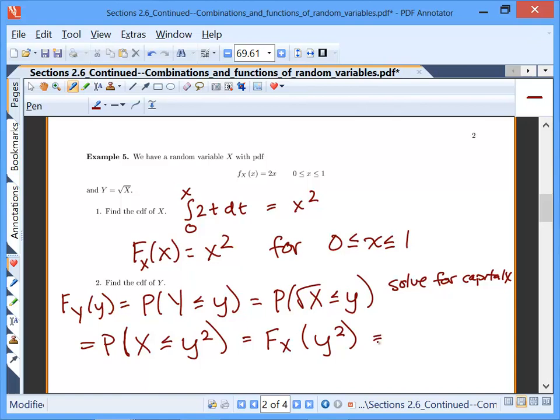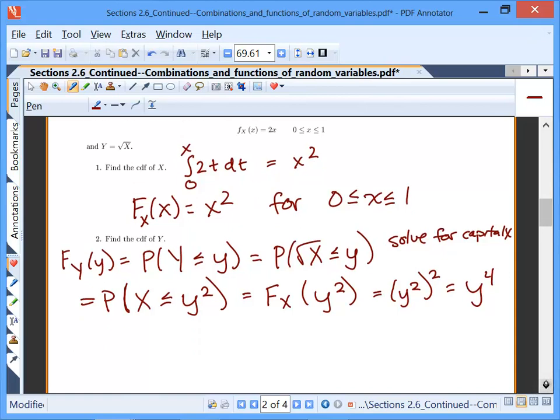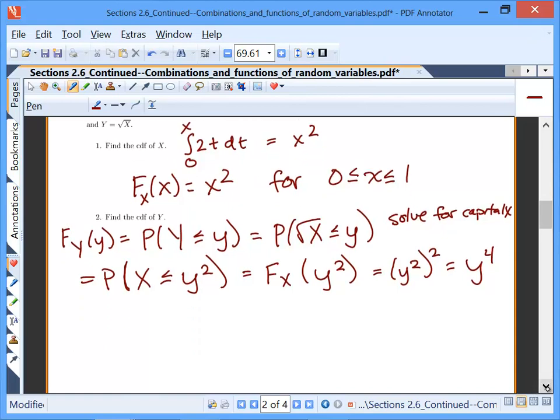The CDF for x is x squared. So what we're going to do is plug the value y squared into that CDF. So it's going to be y squared squared, which gives me y to the 4th. So this is my CDF for y.